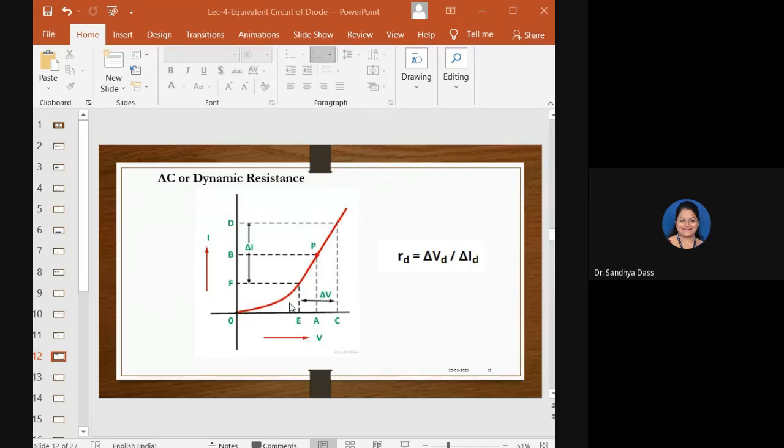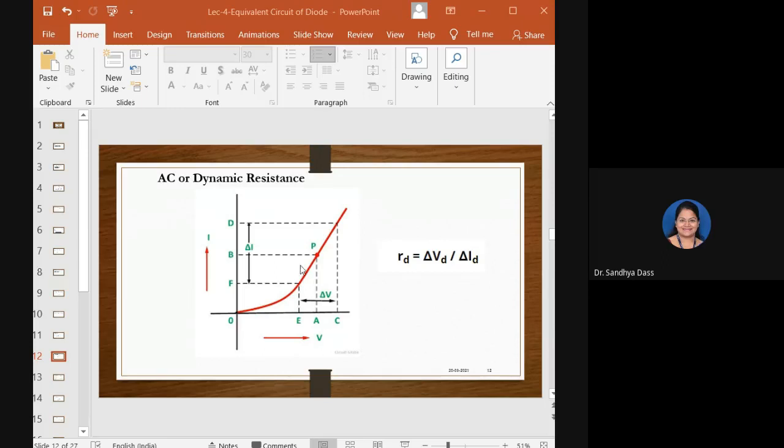Okay. So here the dynamic resistance is defined as the ratio of change in the voltage to change in the current. In simple language, dynamic resistance is nothing but the reciprocal of the slope of the forward characteristic. Now, how do you measure the slope here? Can anyone tell me?